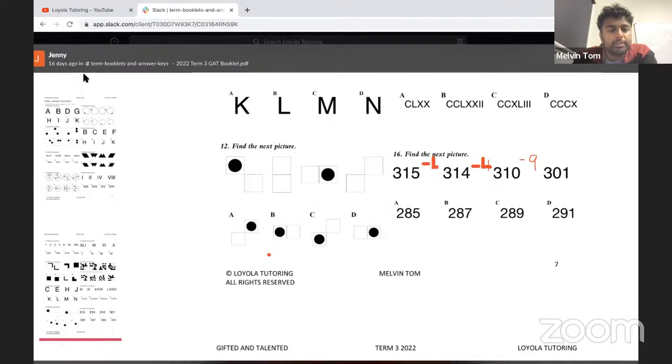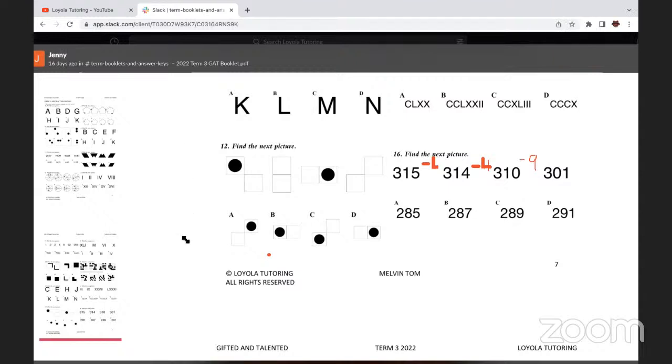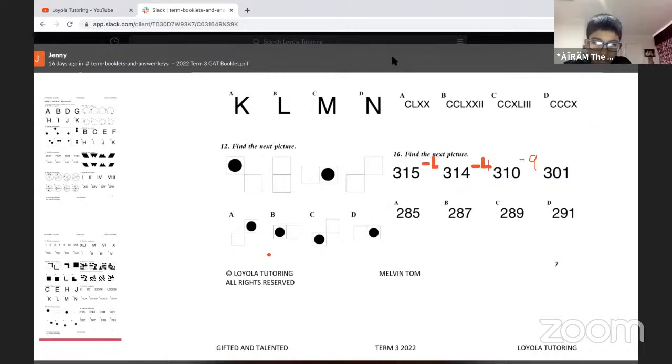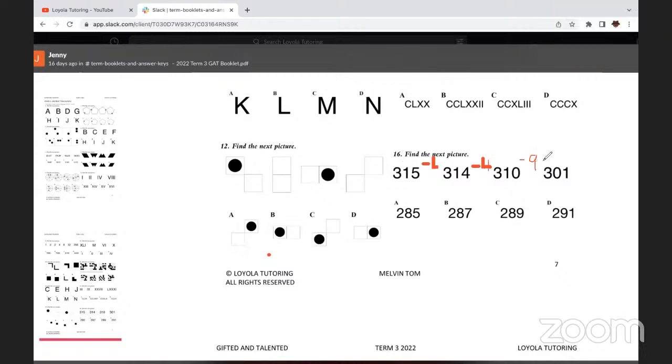Niranjan, do you know what the pattern is? Yeah. What's happening? So like from 1, 4, 9, the difference between 4 and 1 is 3, and then the difference between 9 and 4 is 5. So it goes 3, 5, and then 7. So you add 9 plus 7, which is 16. And you subtract 3 and 1.